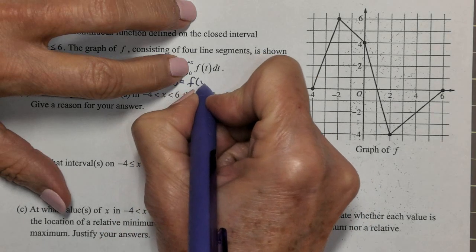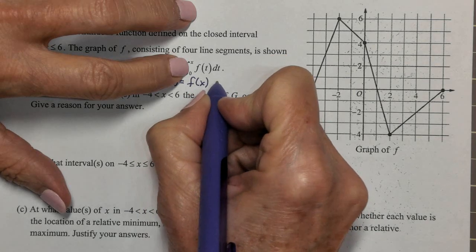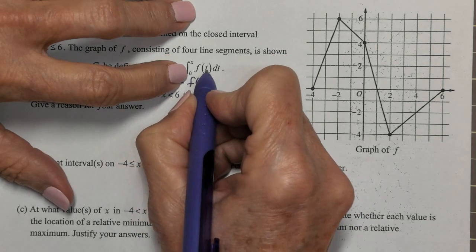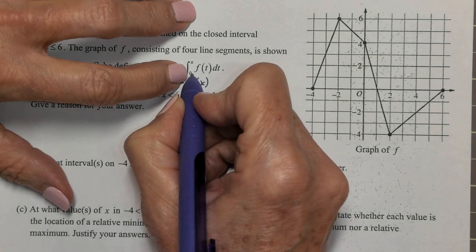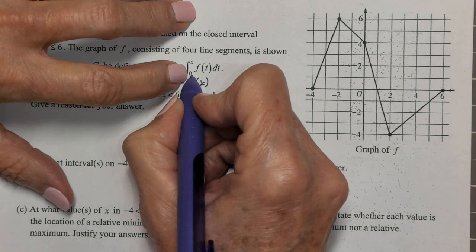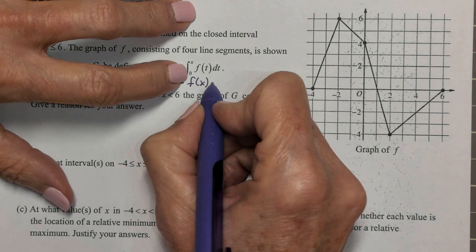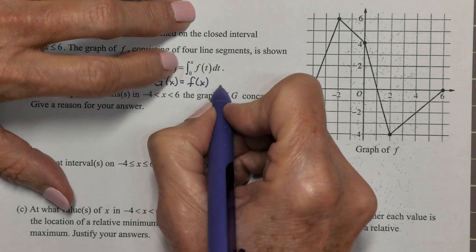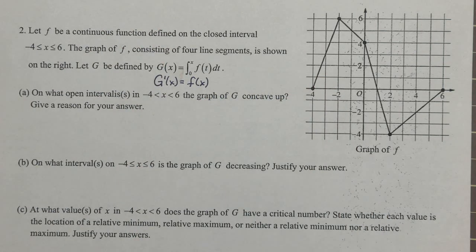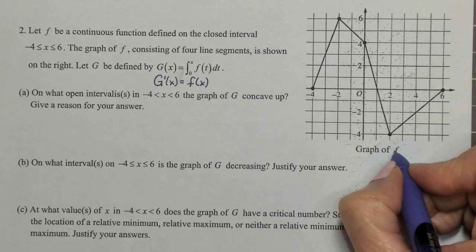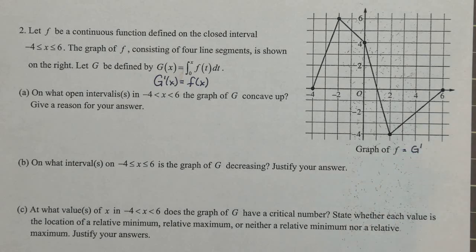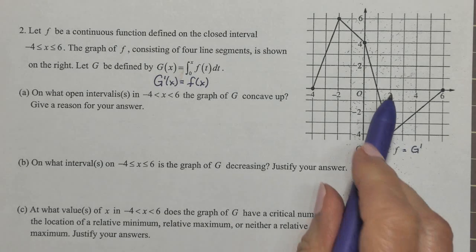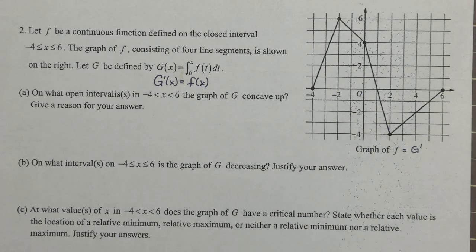So from that we get f of x. Minus, now you go to the bottom boundary, put that in for t. 0 goes in for t, but then we multiply by the derivative of 0, and the derivative of 0 is just 0. So essentially I would have a minus 0 out here. I'm not going to write that. I'm just going to leave it as g prime is f of x. So this graph of f is also the graph of g prime. And from here on out, I'm going to be thinking of this as the graph of g prime.